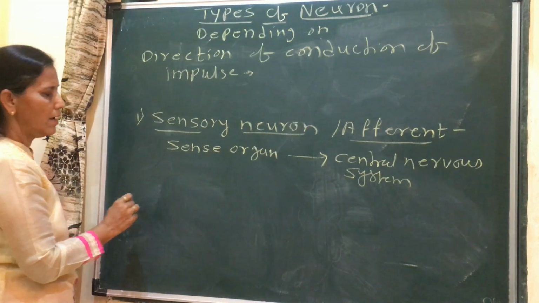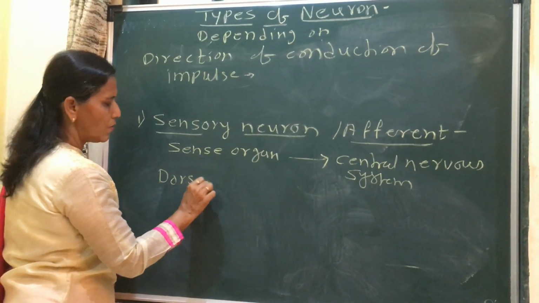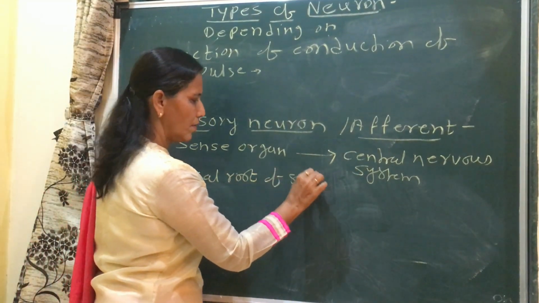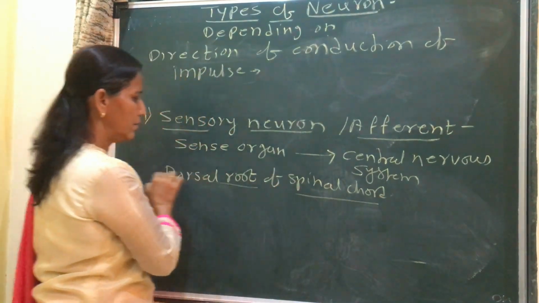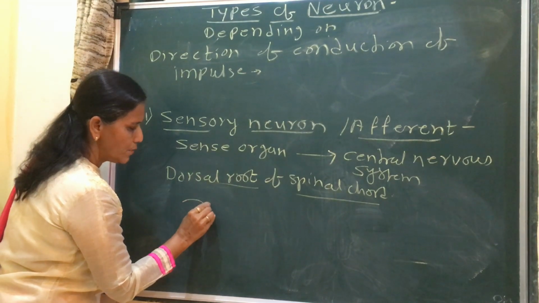Its location: it is located in the dorsal root of the spinal cord. Here, this is the spinal nerve.